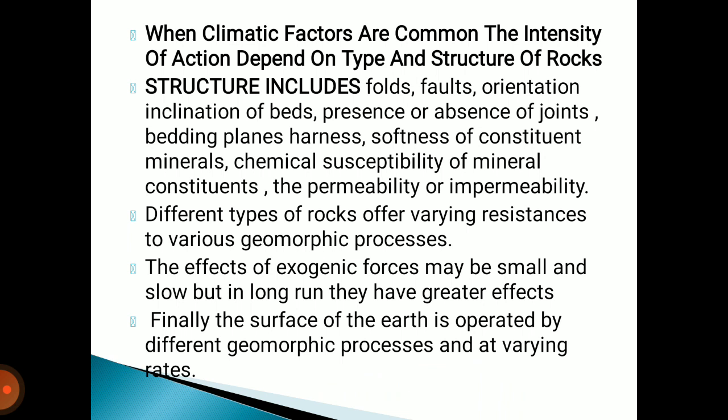The structure includes faults, orientations, inclination of beds, presence or absence of joints, bedding planes, hardness or softness of constituent minerals, chemical susceptibility of minerals, and permeability or impermeability. So different types of rocks offer varying resistance to various geomorphic processes.